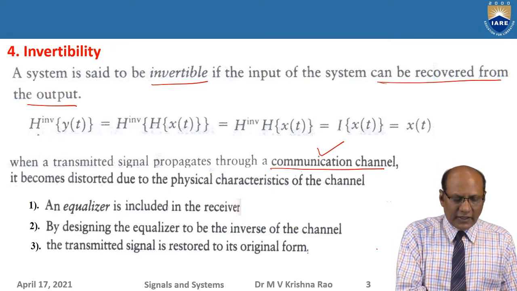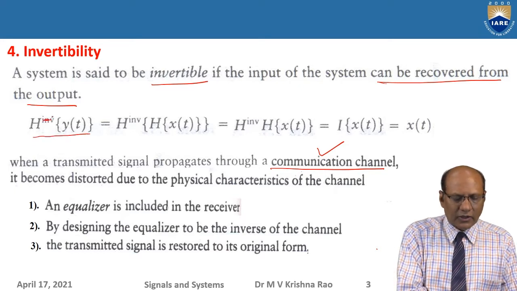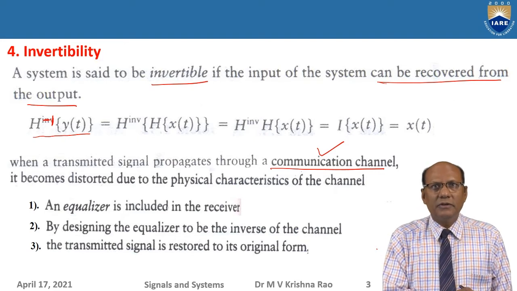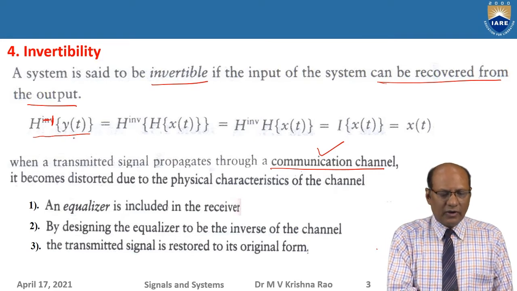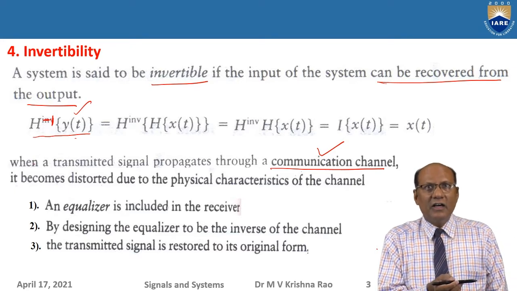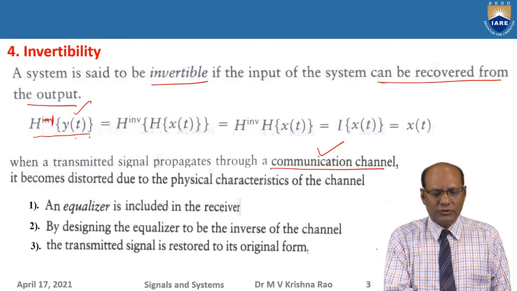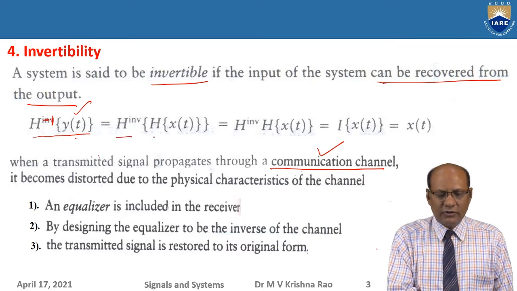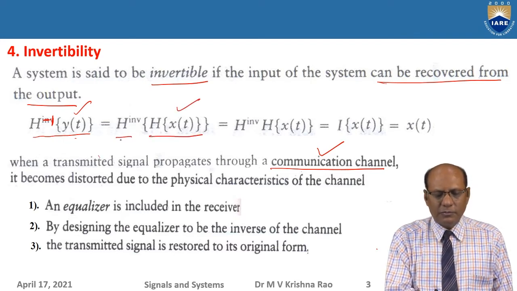Let us take H inverse. H inverse means I can also write H to the power of minus 1, operating on y of t. I am taking the output and I want to find the inverse operation on this output. Let us see what happens. H inverse, substitute in place of y.